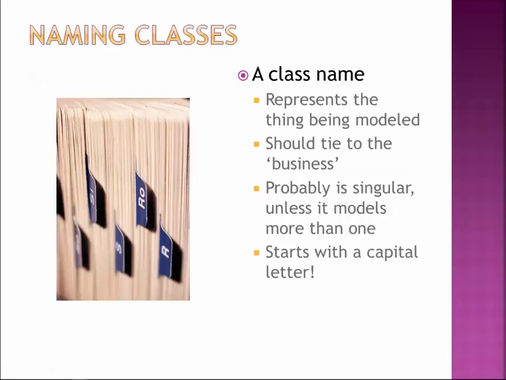Now, a few notes that it's really important to understand about object-oriented UML diagrams is class names should be named after the thing it's representing. Again, bowl, egg, plate, pan. Notice it's tying to the quote-unquote business here, the system that's being done, the real-world stuff, and it should resemble whatever the organization calls it.